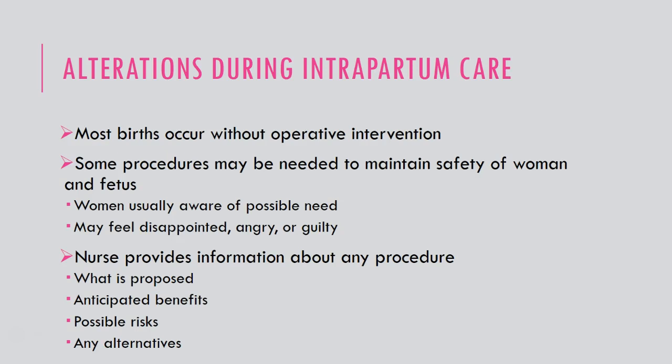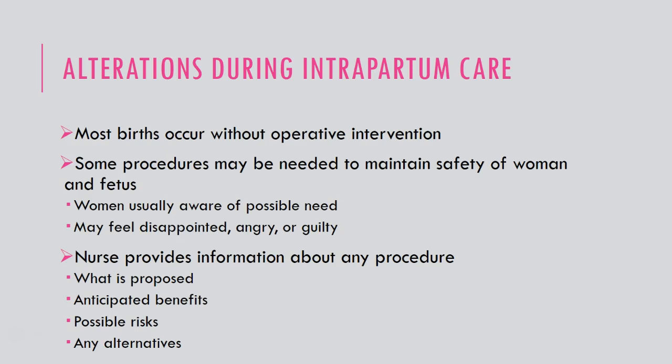So the nurse has to provide information about any types of procedures that could occur throughout their labor and delivery process. And it's important to do that up front during the latent phase, when they can actually listen to you. So what's happening, what are the different things that she might experience if we're at the point where we're having to make that decision right then?